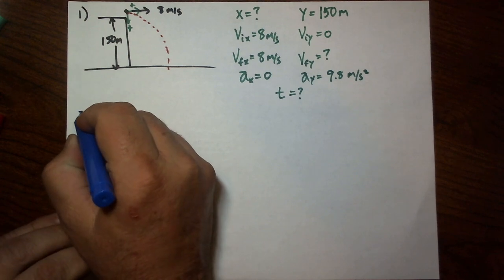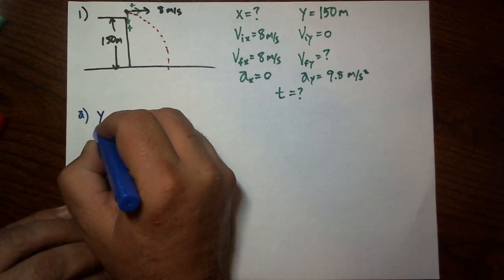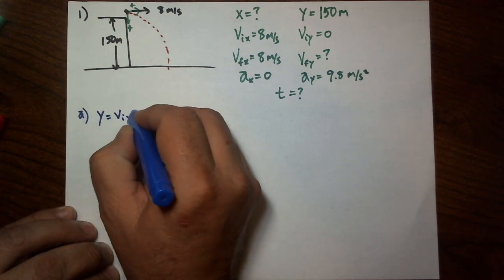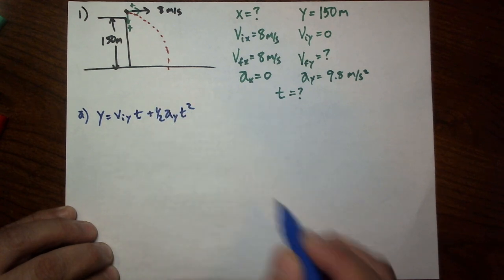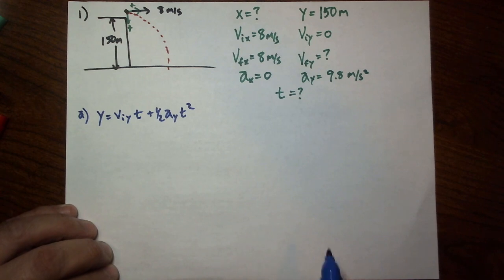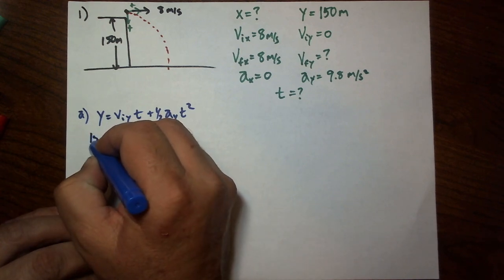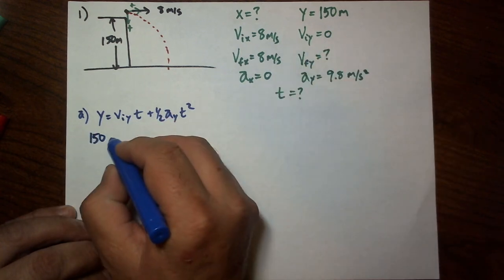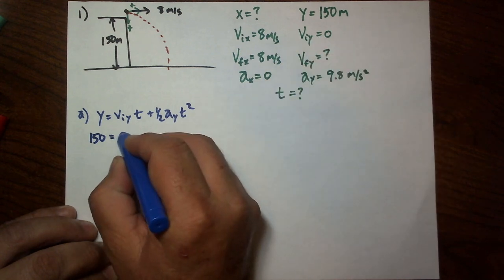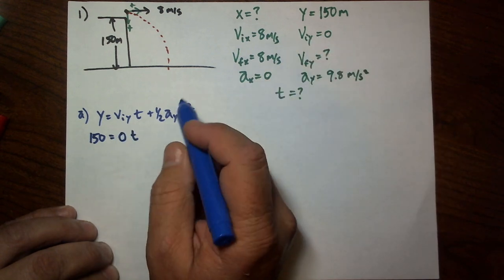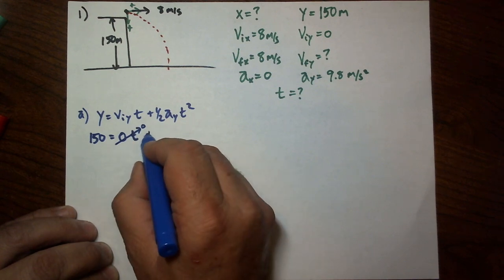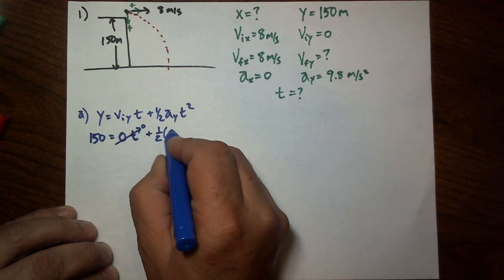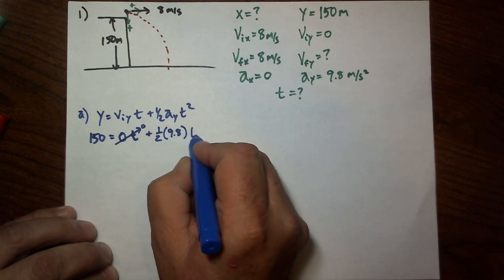Part A asks us how long the stone is in the air, and for that I would use the y Swiss Army equation. There's the y Swiss Army equation. Now we're going to put in our numbers. 150 is the y, Viy is 0, and that's going to multiply t. That term is going to disappear and become 0. But then we have 1/2 of 9.8 times t squared.